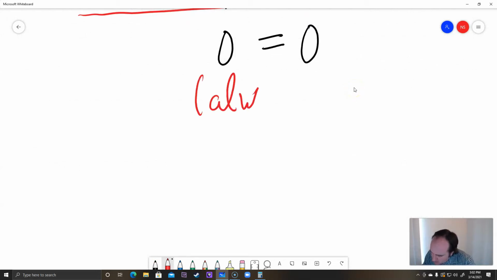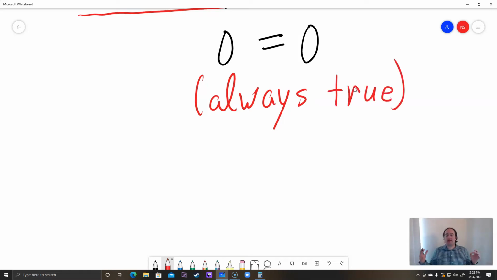Now, if something is always true, not only does that mean it's going to have a solution, it's actually going to have an infinite number of solutions. Okay, because with a linear system like this, to always be true, that means each line has to be on top of each other, so they have to actually be the same line. Okay?